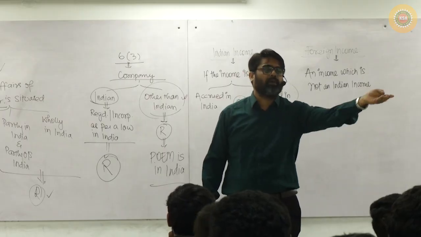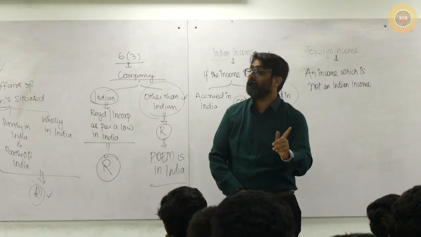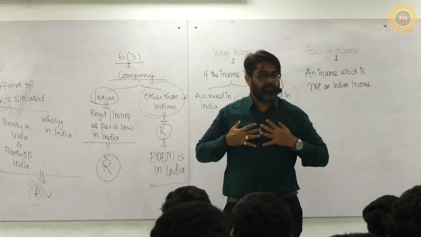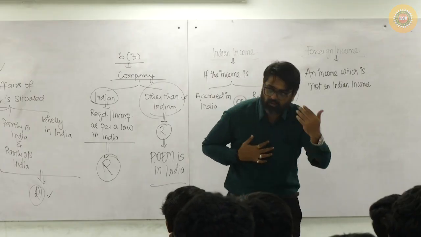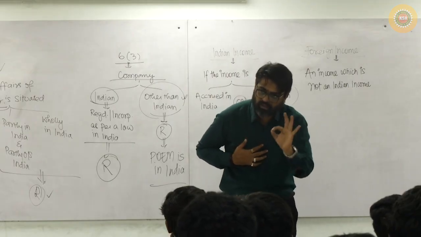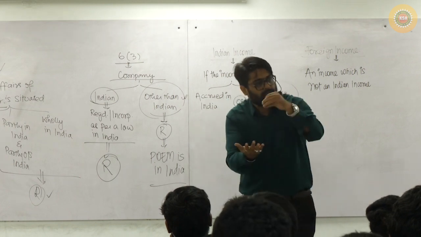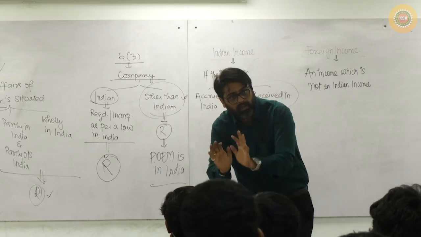That property I have given on rent to Vasant, who is also in USA. Now Vasant will be liable to pay rent to me. So every month I will go to USA and tell Vasant, this month rent is due, pay me that rent. Vasant will give me rent in USA.